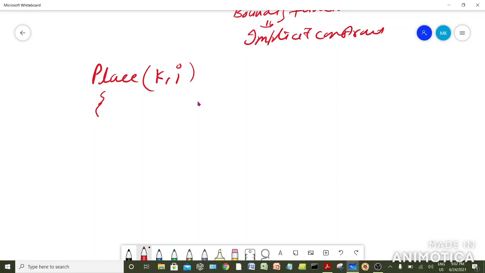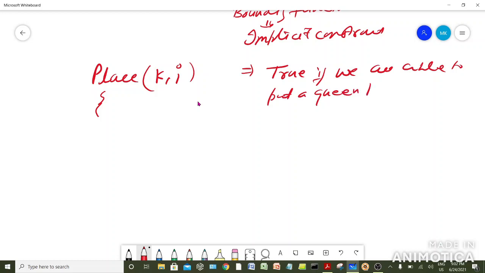The exact purpose of this place function is that it should return true if we are able to put a queen numbered k, or you can say if we are able to put the kth queen in the ith column, or else it should return false.